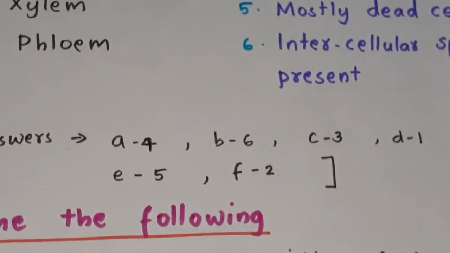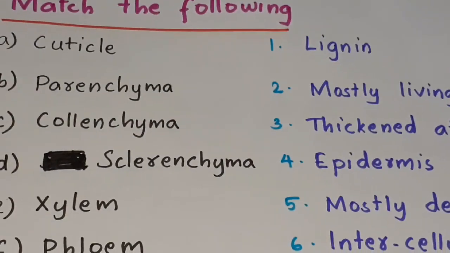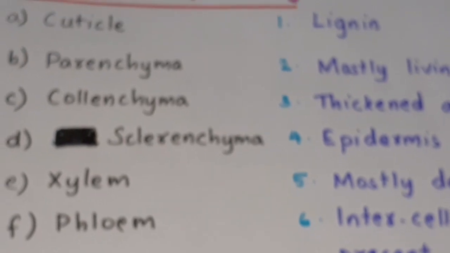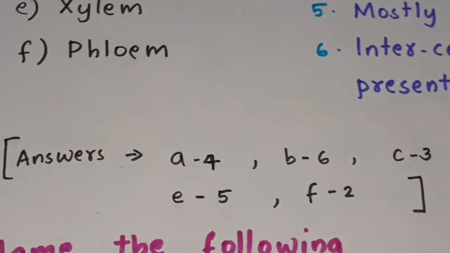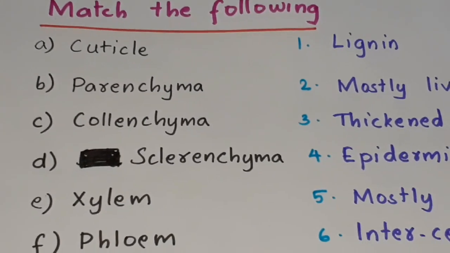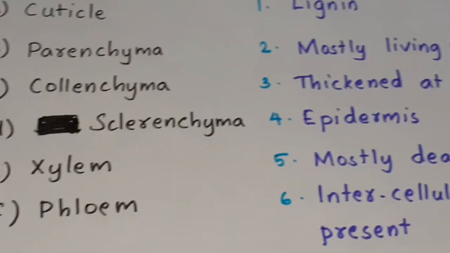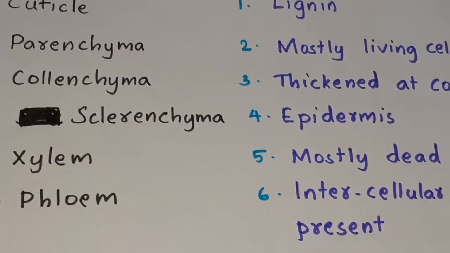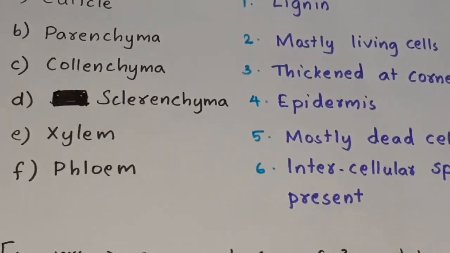So answers, we'll see. First question, cuticle. In these six options, which one is the correct answer? Here the fourth option is epidermis, where the cuticle is found. Cuticle is produced by epidermis, and it's a waxy coating.